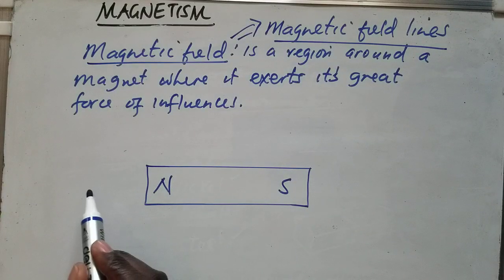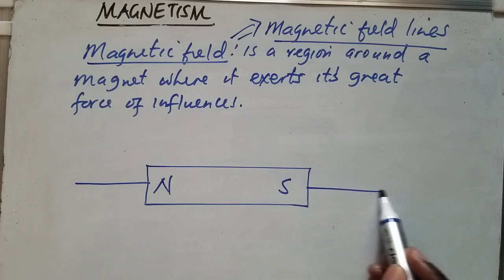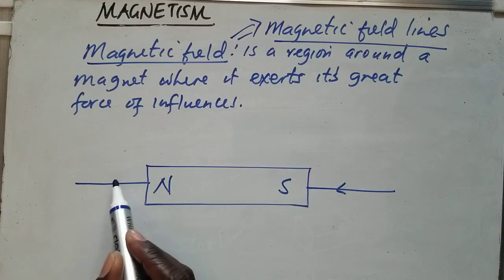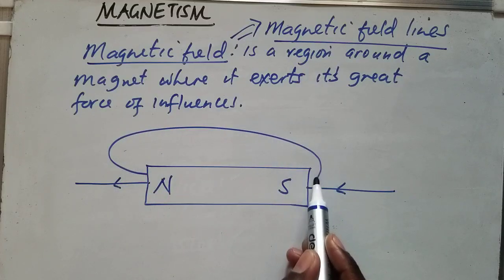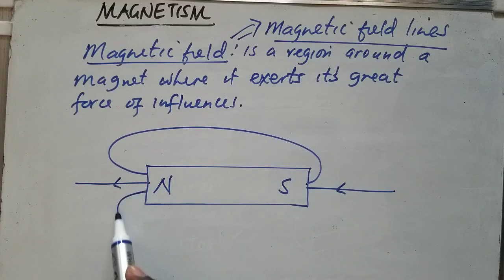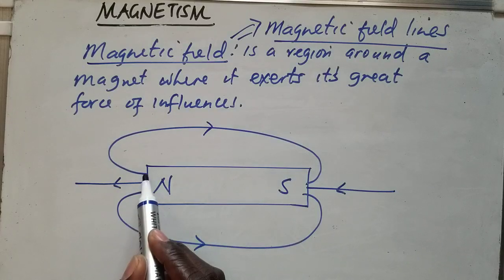So how do you draw them? Well, at the north pole the field lines are moving out, but at the south pole they are entering. So they always move from north to south. That's the way the magnetic field lines move.